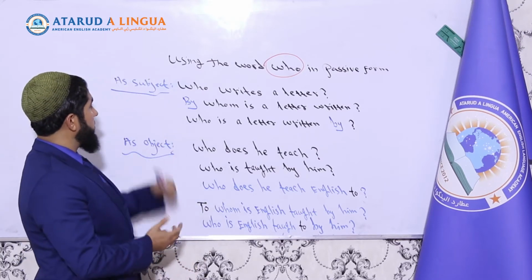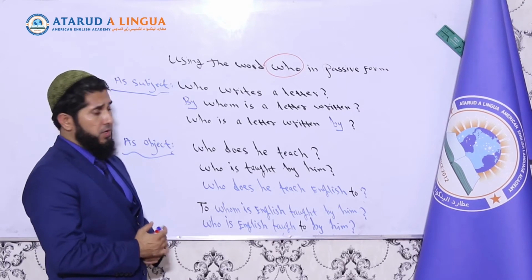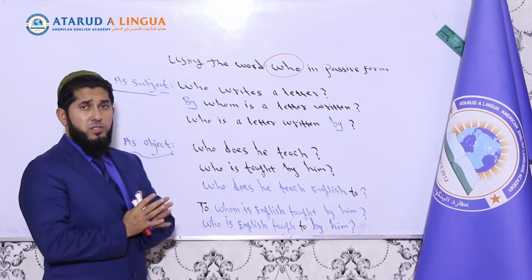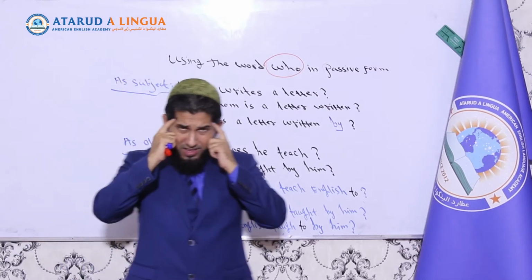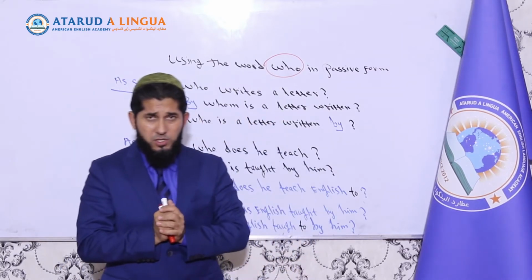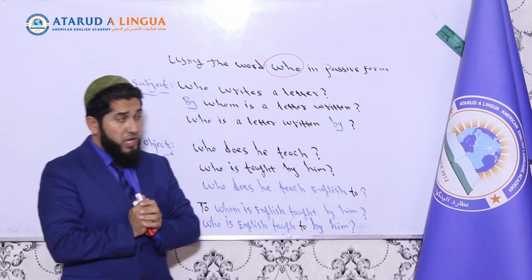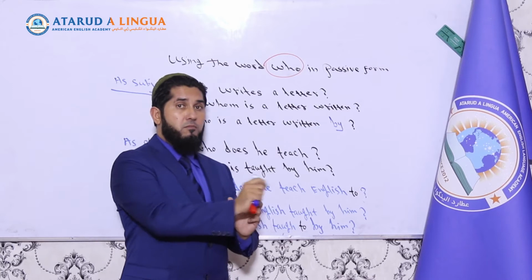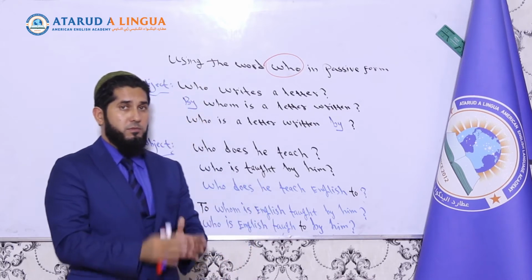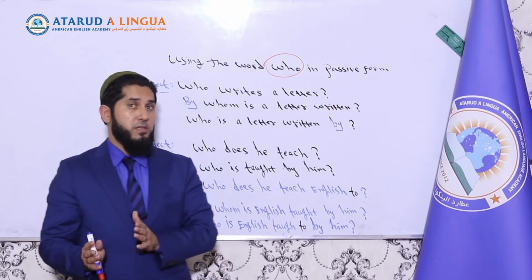Look at the first option over here. When it functions as a subject, just keep in mind that when the word who functions as a subject, it is followed directly by the main verb form in simple present tense or in simple past tense.